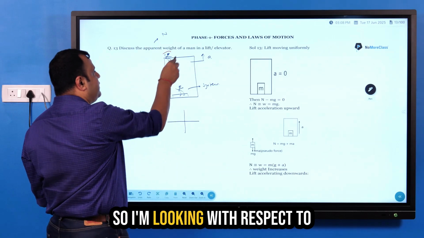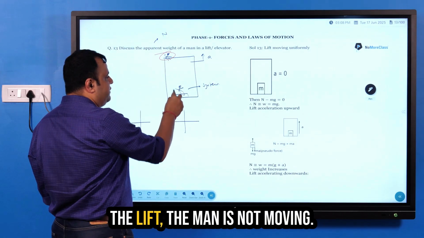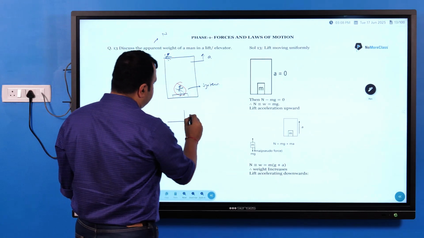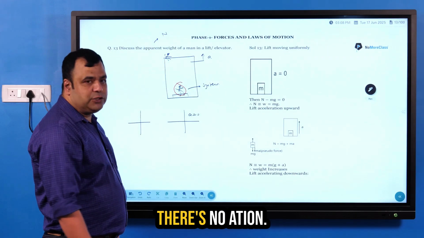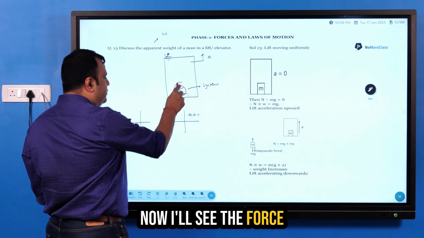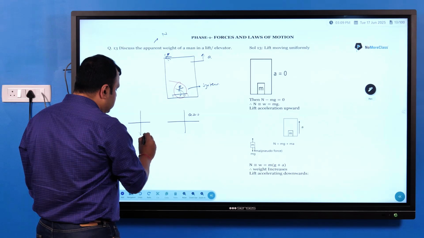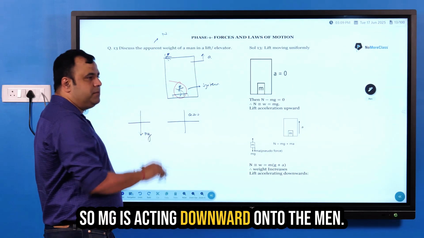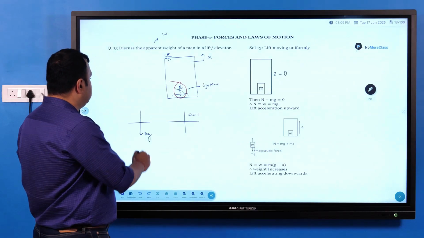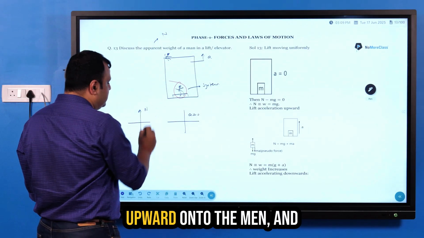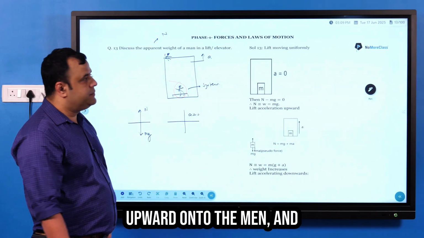So, I'm looking with respect to the lift, and with respect to the lift, the man is not moving. Acceleration is 0. There is no acceleration. Now I'll see the forces acting onto the man. So mg is acting downward onto the man. That's the gravitational force. Normal reaction is acting upward onto the man.